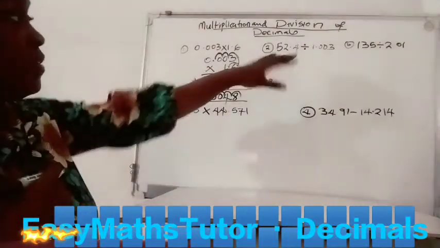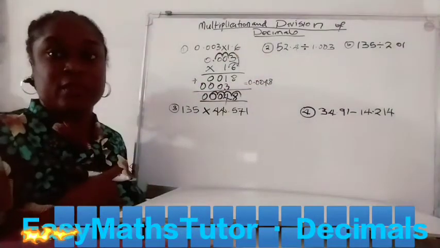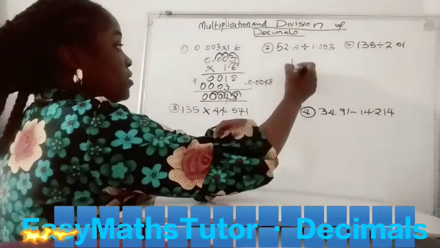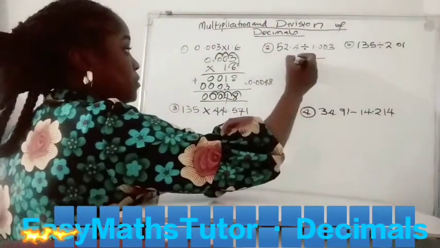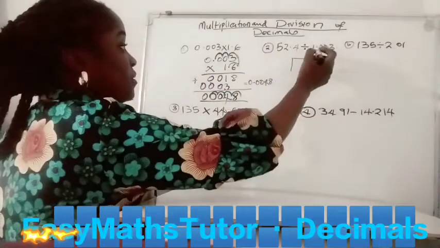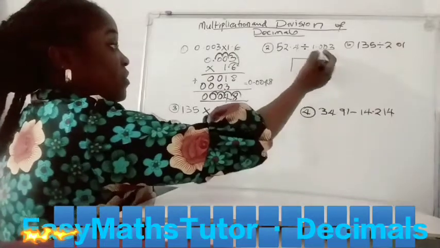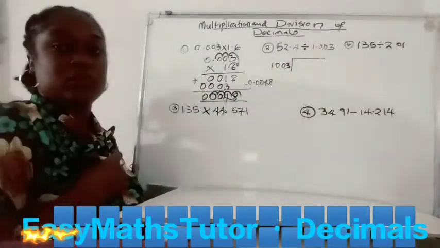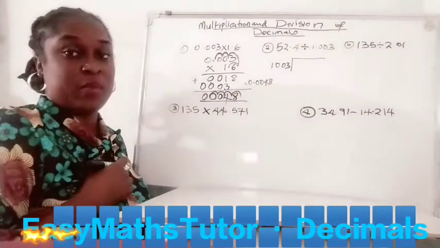Then the next one is our division problem. First of all, we'll draw up the long division table. Then we'll write the side, that is the divisor, which is 1003. I'm going to write it without the decimal points.